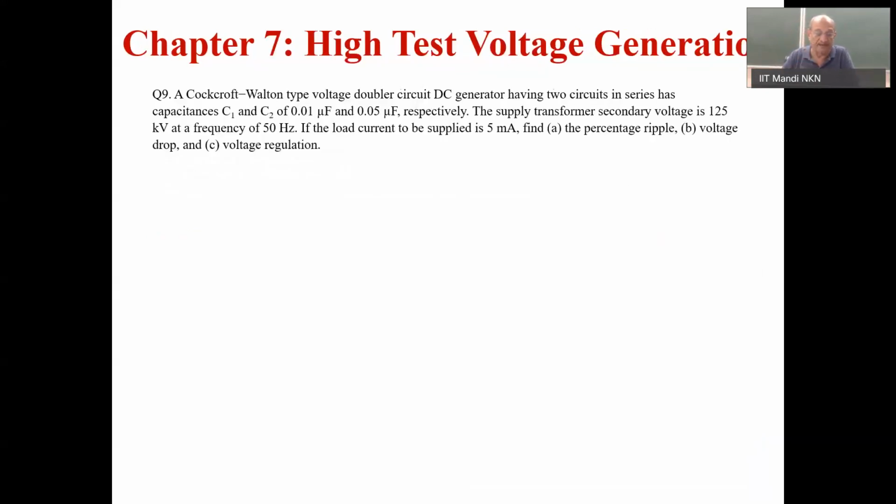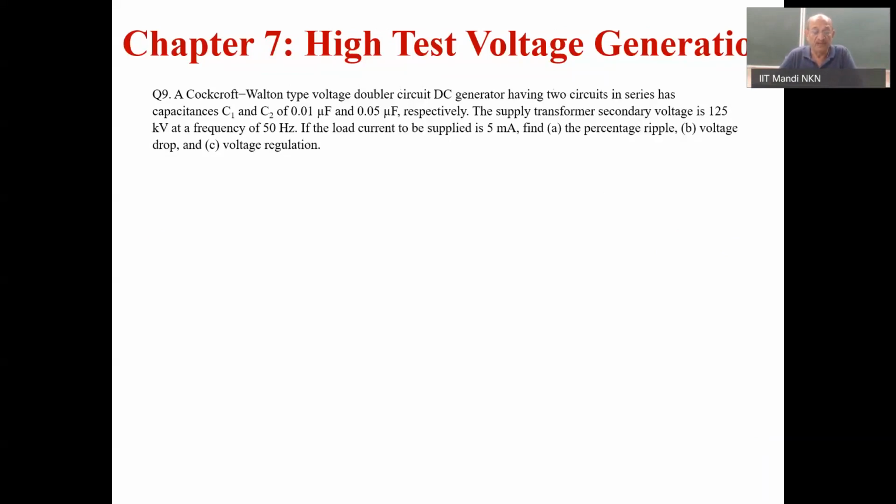Problem number 9. This problem is about the next chapter in the book, the generation of high test voltages. This problem is actually given for a high voltage DC generator.